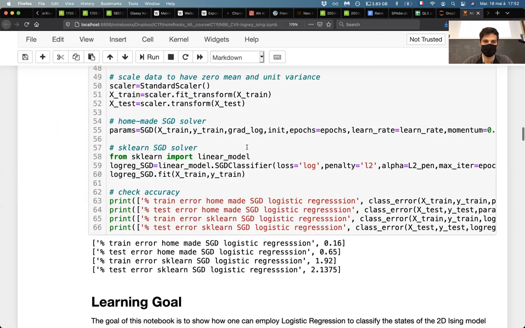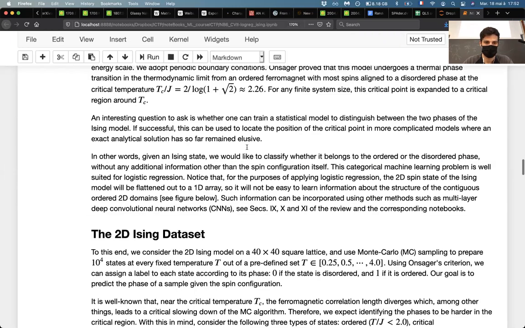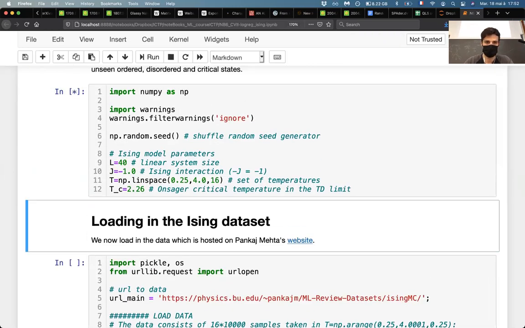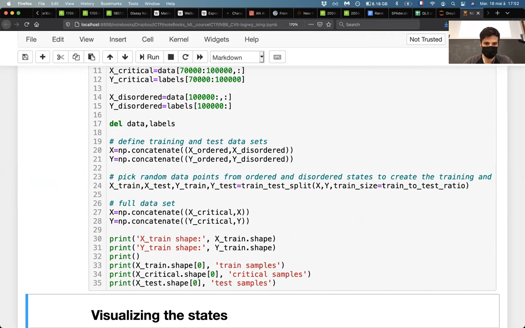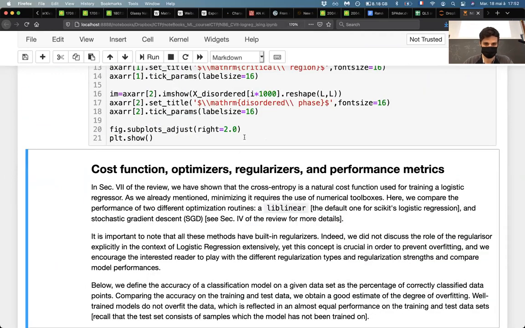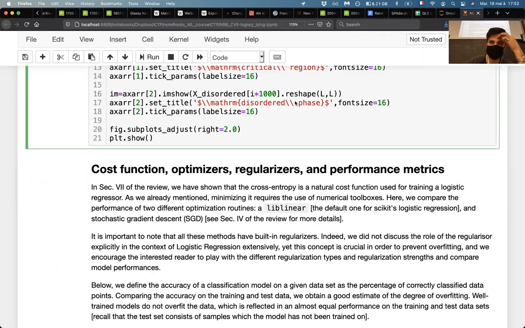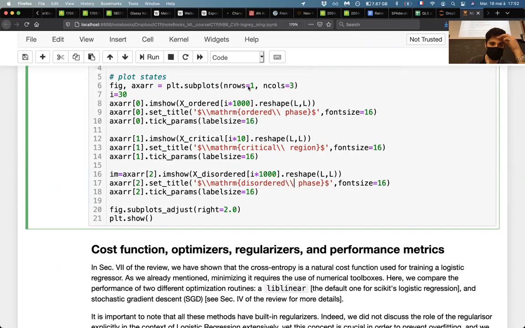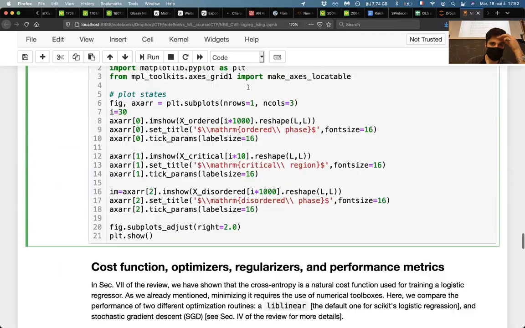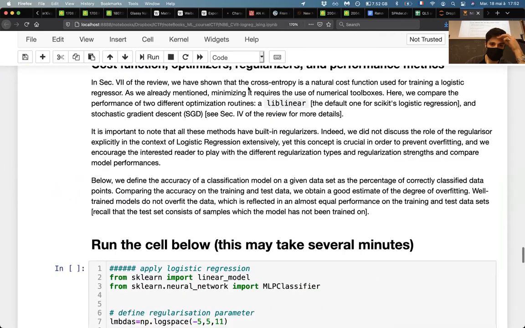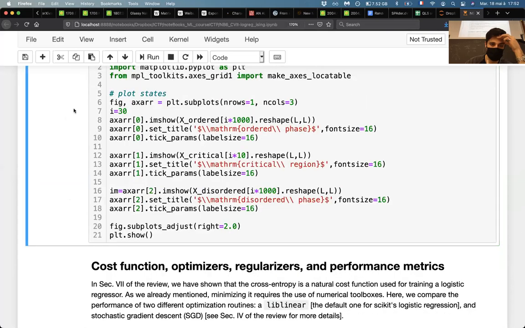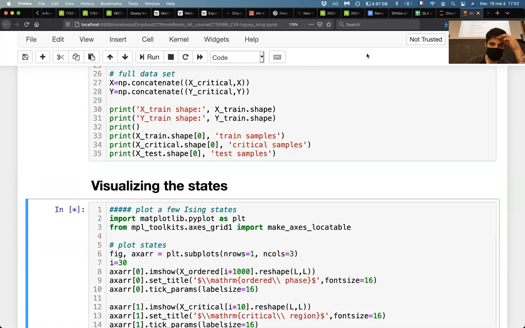You have to restart the kernel to make it work. So let me download again. Sorry about that.